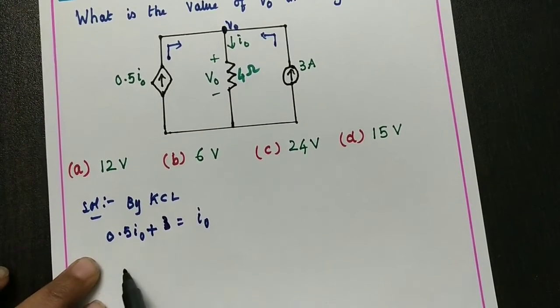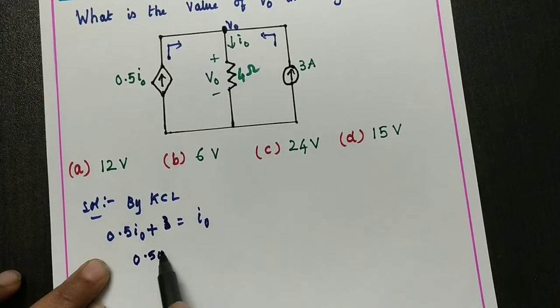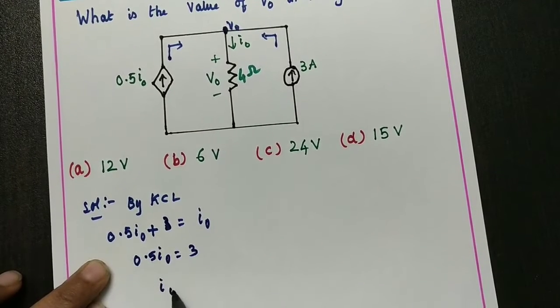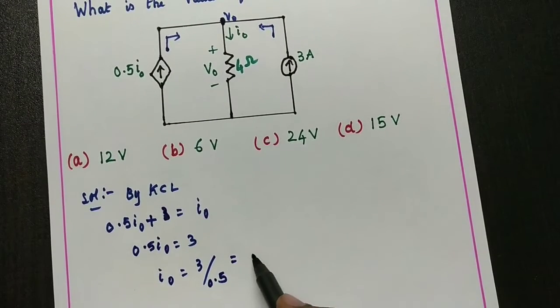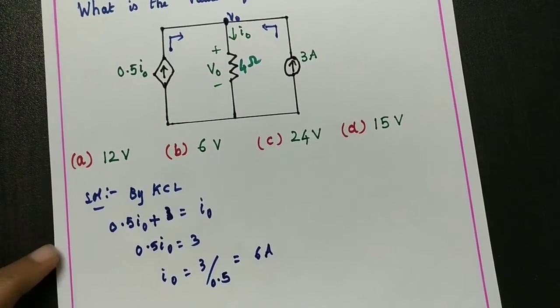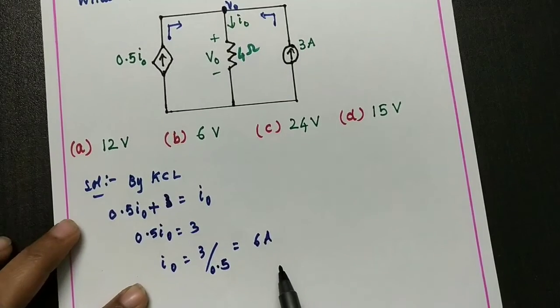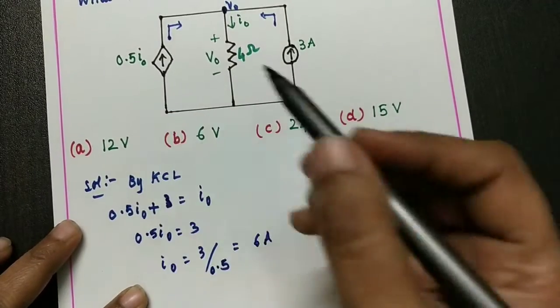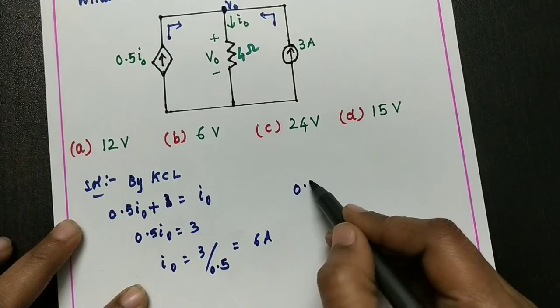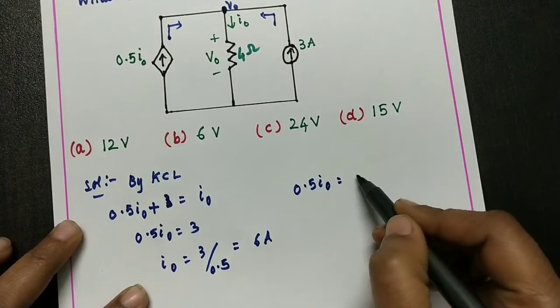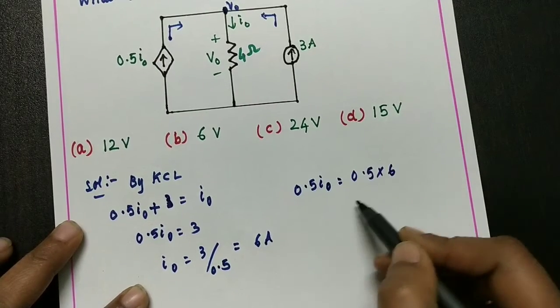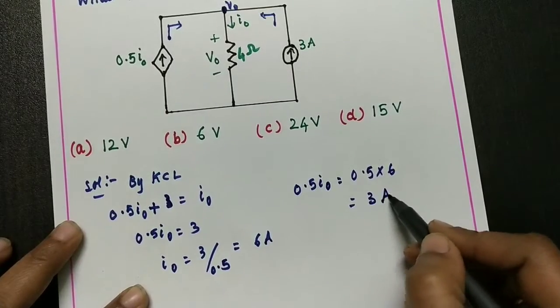Simplifying, 0.5 I0 equals 3, I0 equals 3 by 0.5, which is 30 by 5, equal to 6 amps. If I0 is 6 amps, the dependent current source value 0.5 into 6 is 3 amps.